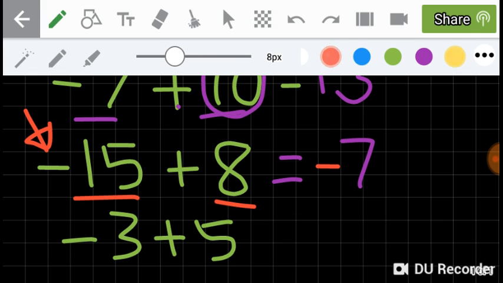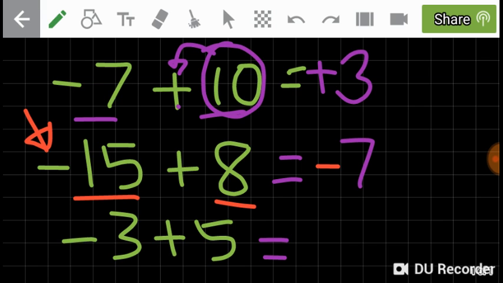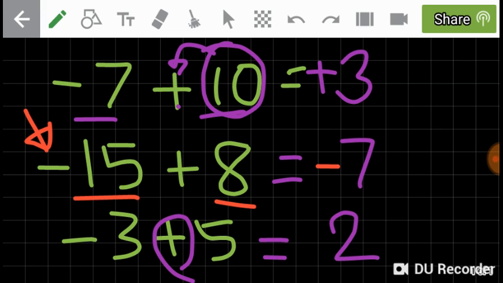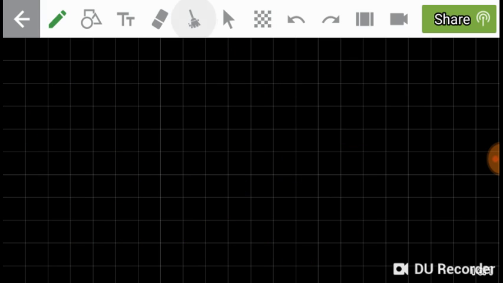Now let us do the third example: negative 3 plus 5. The difference between them should be 2. Now which value is greater? Here the greater value is 5 and the sign with 5 is plus. So the answer is plus 2. So this was our type 2.